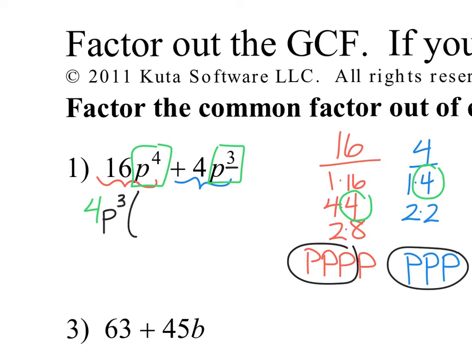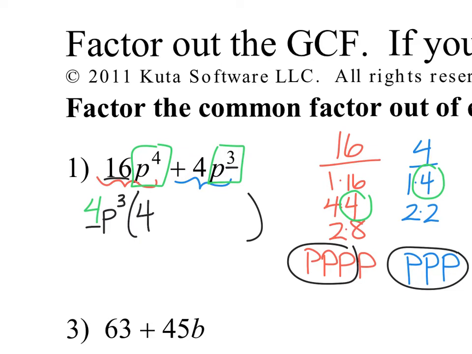To finish this greatest common factor, just like normal factoring, we're basically doing multiplication in reverse. The greatest common factor will always appear to the left, and then whatever you need to multiply inside the brackets to get our original problem is what we're looking for. What number times 4 gives me 16?